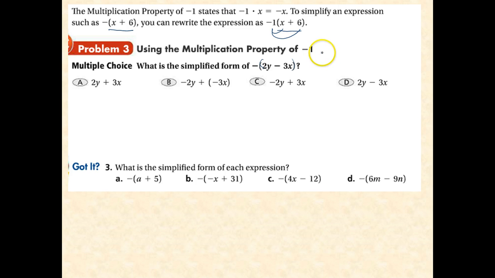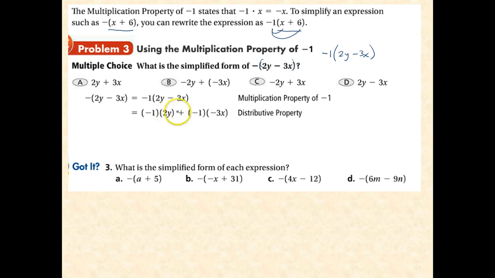Well, that's the same as -1 times 2y minus 3x. And that's the same as, so there you got your -1. That's the same as -1 times 2y plus -1 times -3x. That was the distributive property. Now we can just simplify and we get -2y plus 3x. And the correct answer is C.